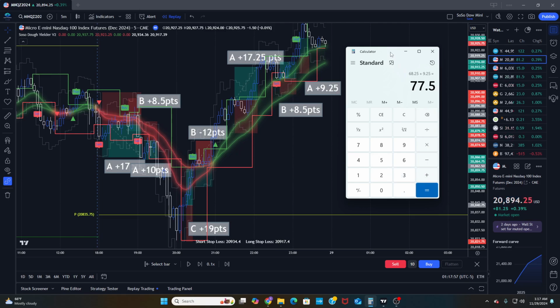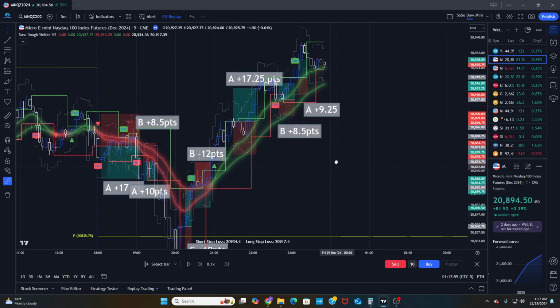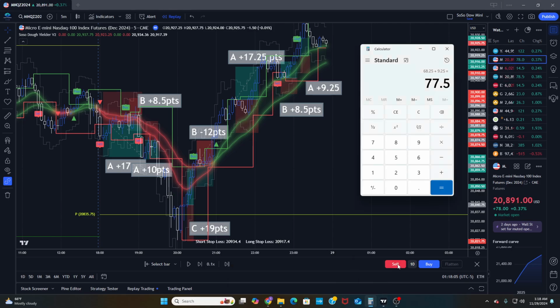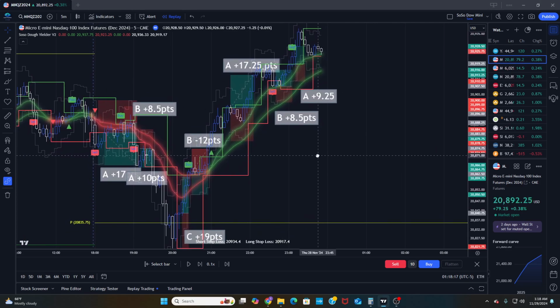So 77.5 points, and that's during Globex there. If you're just doing one mini contract on NQ, you multiply that times 20 to get your dollar value. So $1,550 since market open.